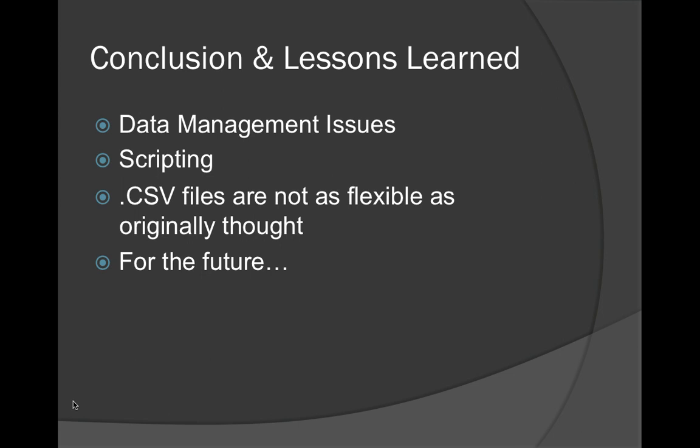The CSV files were not as flexible as originally thought as well, and I actually just ended up using an Excel table in ArcMap. For the future, I hope to work on this more with the rest of the United States, but maybe scripting would be a lot easier for that.